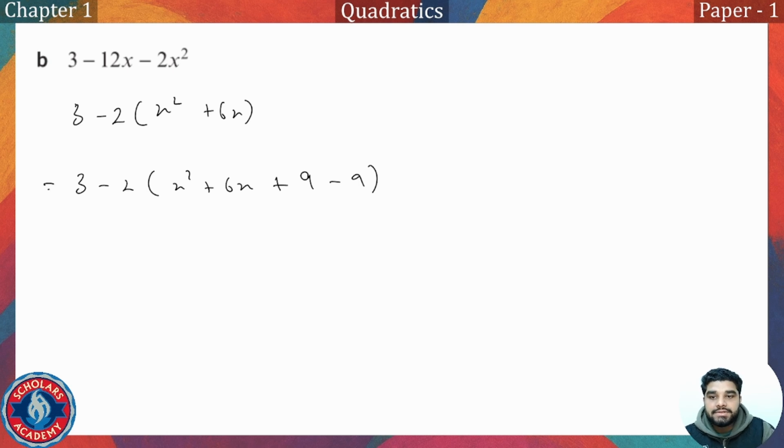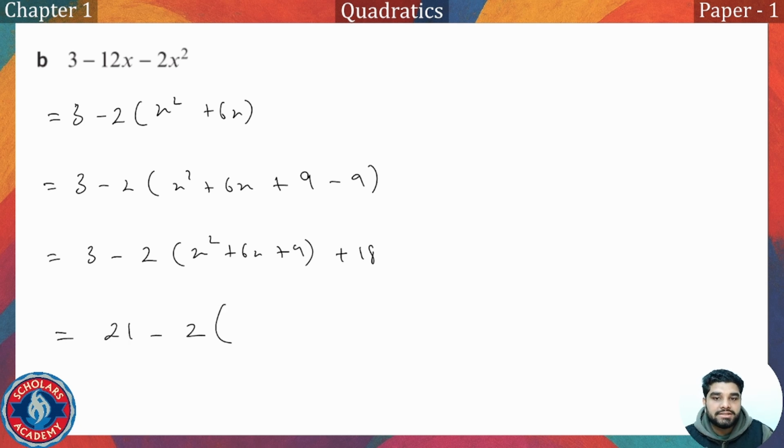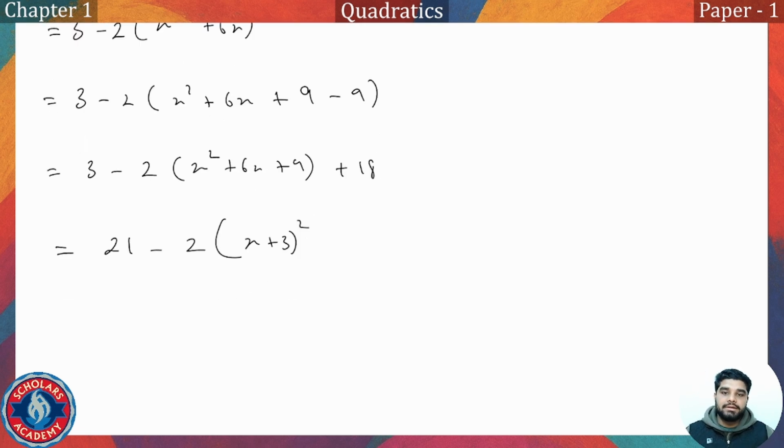Right? So now what we'll do, 3 minus of 2, we'll bring this negative 9 out. So x square plus 6x plus 9, and it becomes plus of 18. Clear? Negative 9 times negative 2, negative, negative, positive, 9 twos are 18. 18 plus of 3, we get 21 minus 2, and complete this whole square, that is x plus of 3 whole square. Clear?